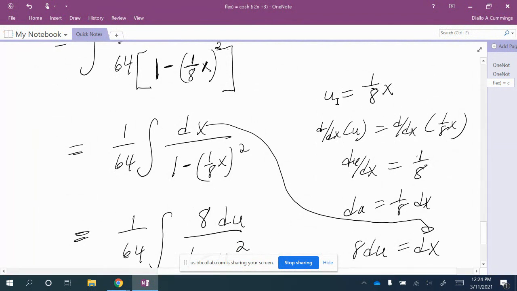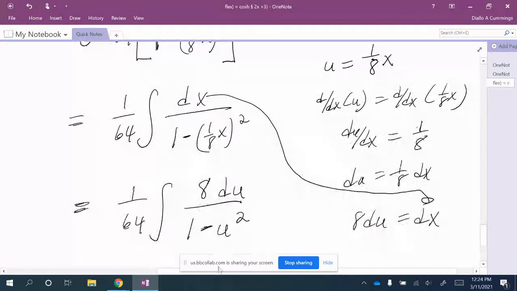Next, I made a u substitution. I substituted u for 1/8 x. So that allowed me to rewrite the denominator as 1 minus u squared, right? Because I substituted 1/8 x for u.